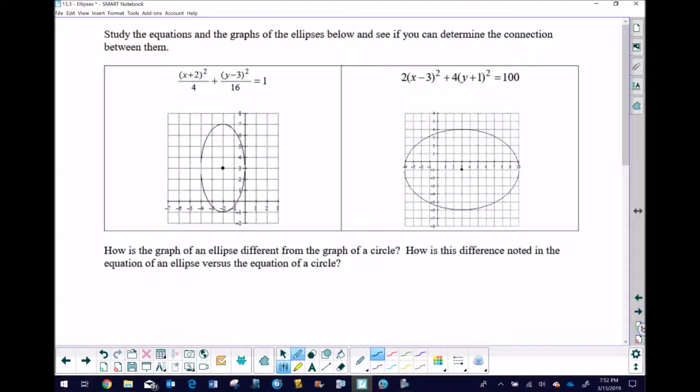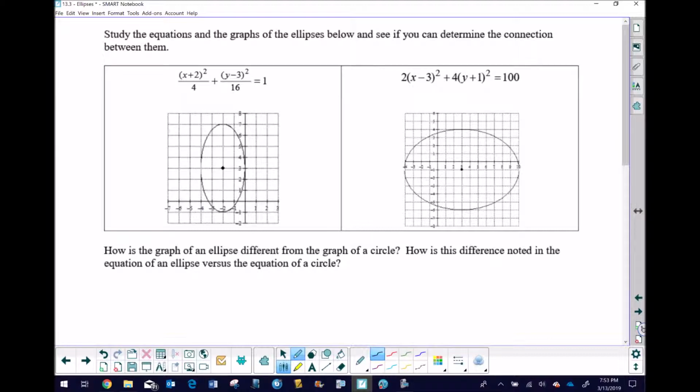Now, the second ellipse is a little bit trickier because it does not have that set-equal-to-1 characteristic. But that's not very difficult to fix, because we can divide both sides by the larger multiple of the two numbers in front. Let me rephrase that.